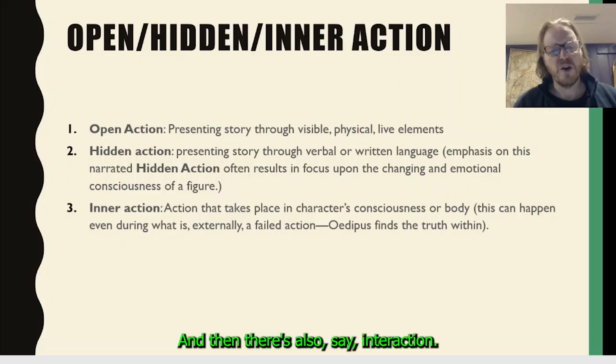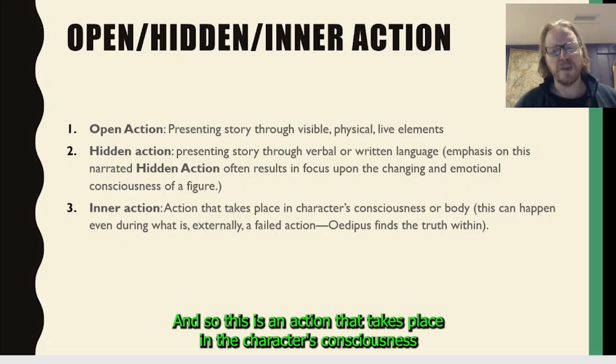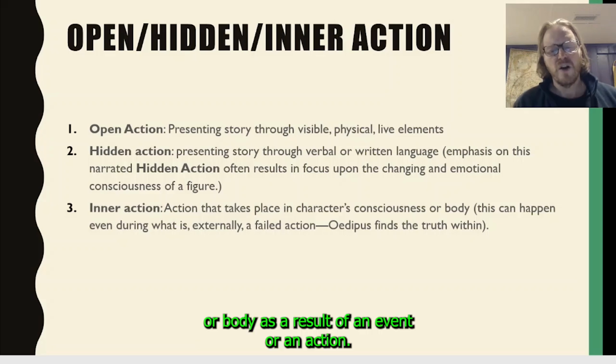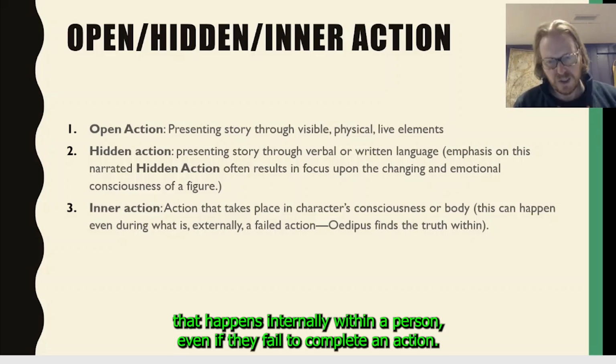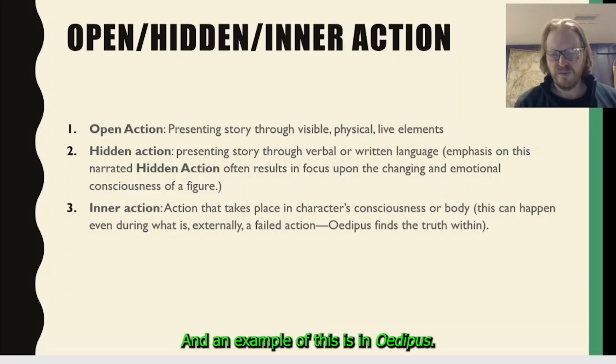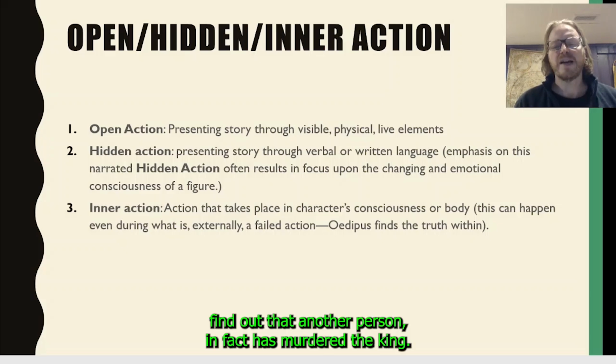And then there's also, say, interaction. And so this is an action that takes place in a character's consciousness or body as a result of an event or an action. So in other words, you can have an interaction, something that happens internally within a person, even if they fail to complete an action. And an example of this is in Oedipus. Oedipus fails to find out that another person, in fact, has murdered the king.